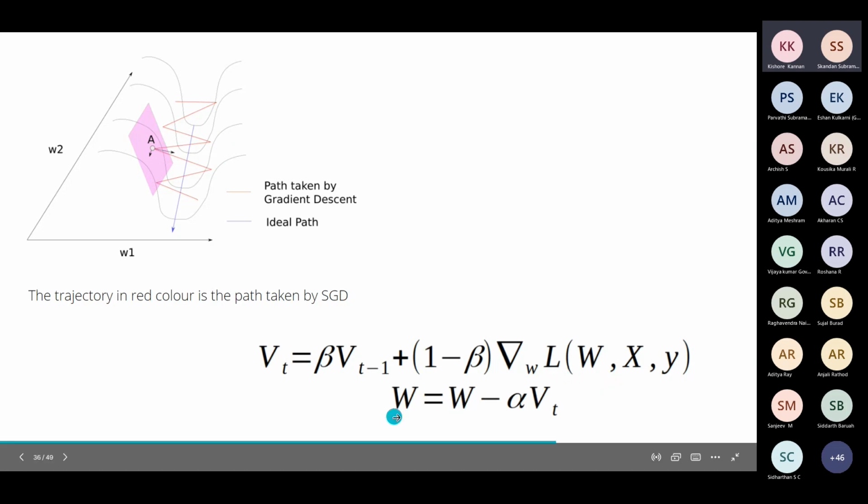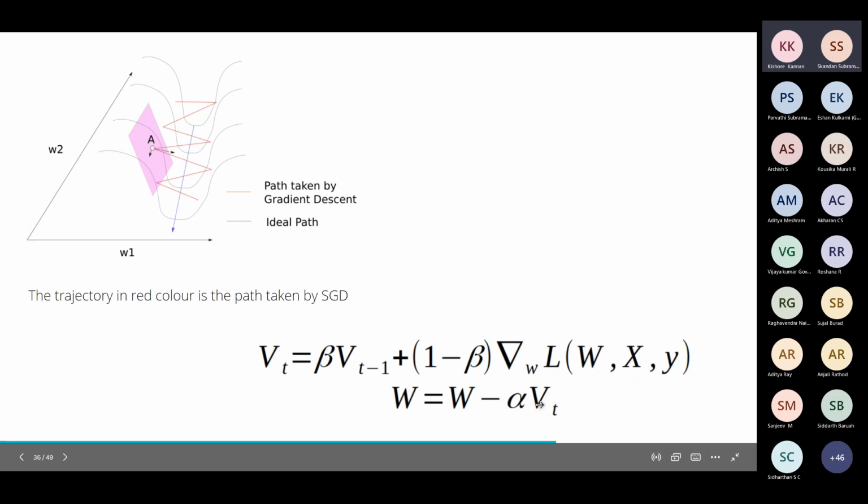In regular gradient descent, we subtract alpha, that is the learning rate, times the gradient at that point. But here, instead of the gradient, we use the exponentially weighted moving average of those gradients. That is the only difference between traditional SGD and momentum.